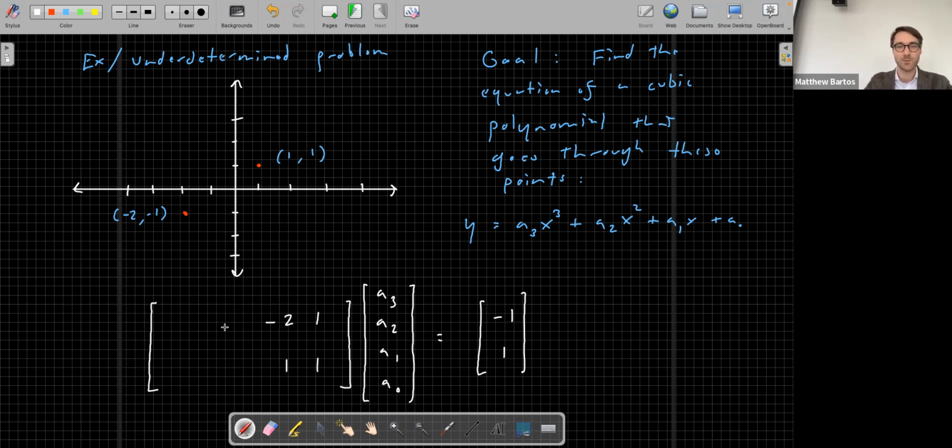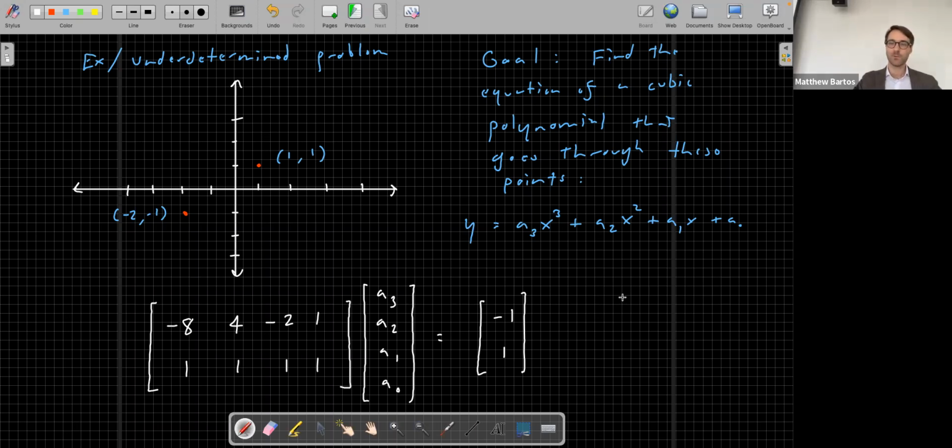So this term here will be x1 squared, right? So it'll be 4. And this term here will just be 1 because 1 squared is 1. Okay, and what will this term here be? -8. Very good. And this term here will just be 1.